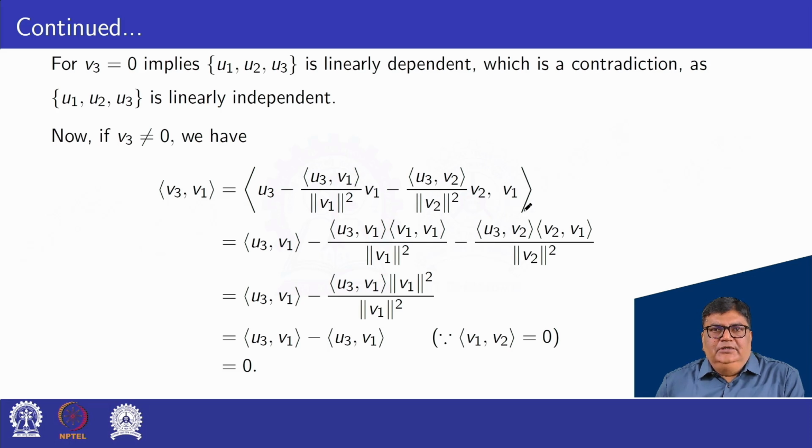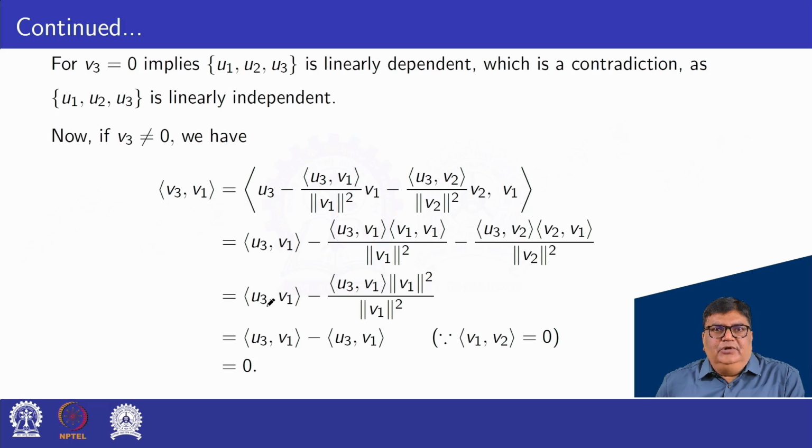Okay, simplifying this using the property of inner product, this is inner product of U3 V1 minus inner product of U3 V1 into inner product of V1 V1 upon norm of V1 square minus inner product of U3 V2 upon norm of V2 square into inner product of V2 V1.